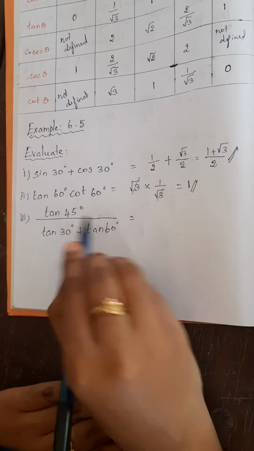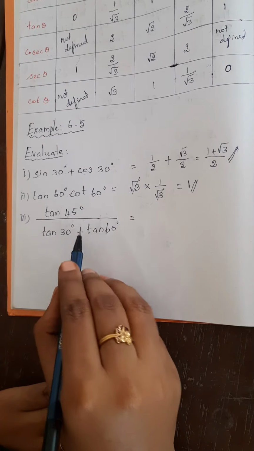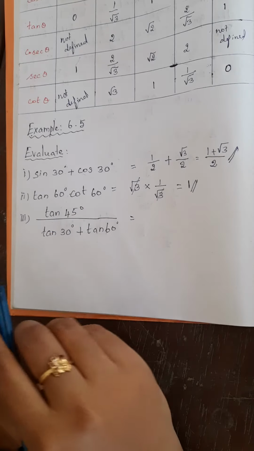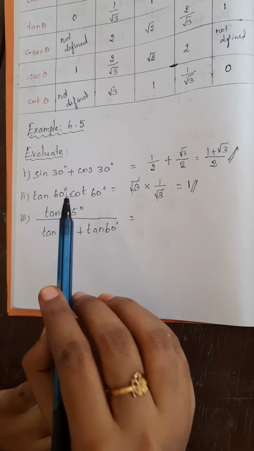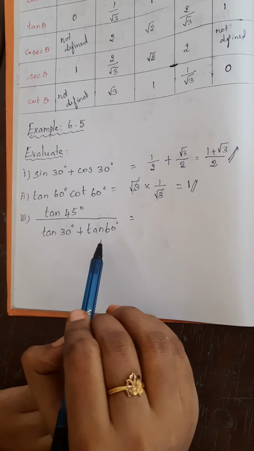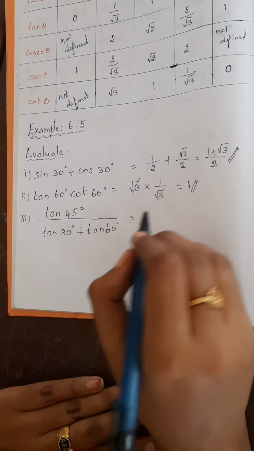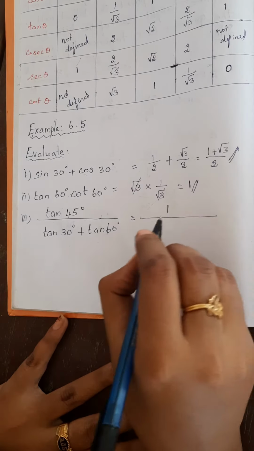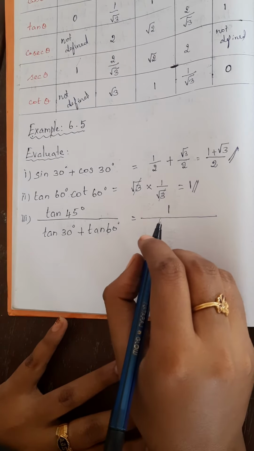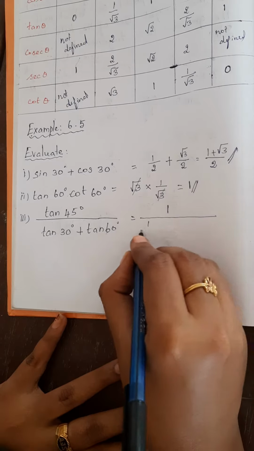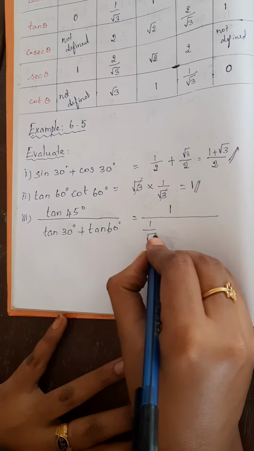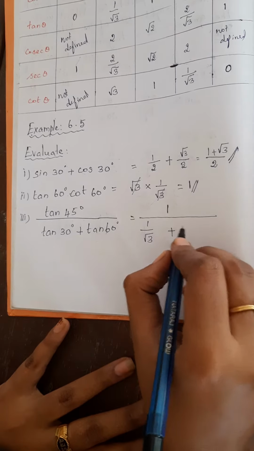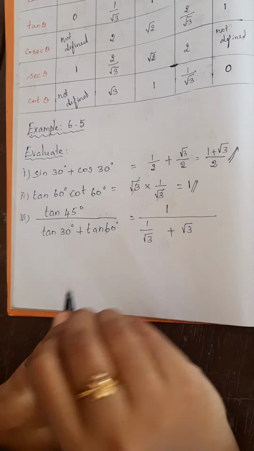Tan 45 degree by tan 30 degree plus tan 60 degree. For this problem, what are the values you have to know? Tan 45 degree, tan 30 degree and tan 60 degree. Tan 45 value is 1. Don't forget it. Then tan 30 degree is 1 by root 3, plus tan 60 degree is root 3.